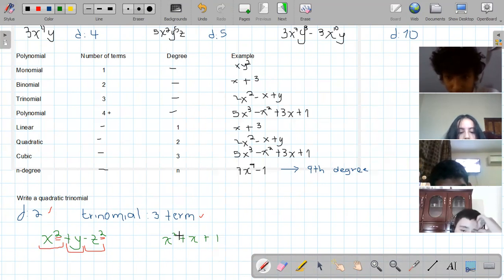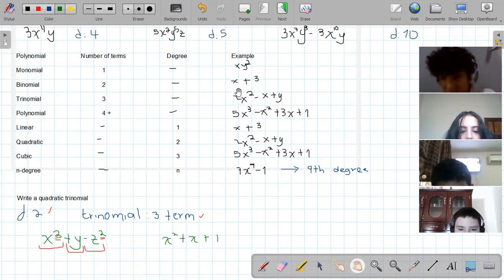And we have a degree 2, a quadratic trinomial. You can have different options of quadratic trinomials, using 1 variable, 2 variables, or 3 variables. It doesn't matter because you do have the exponent 2. Are we clear about this?